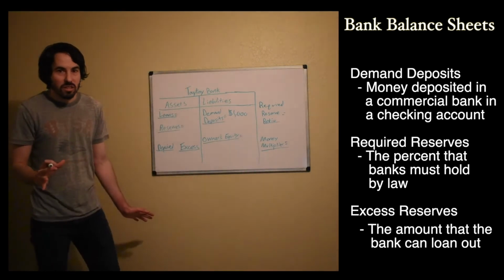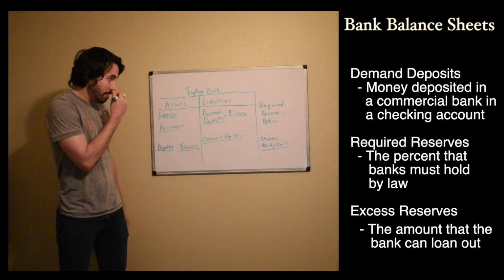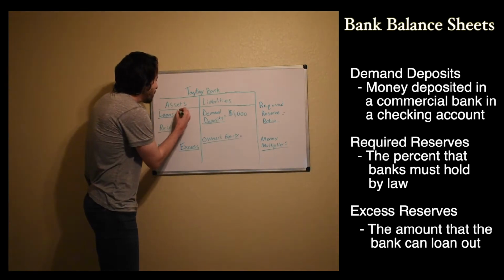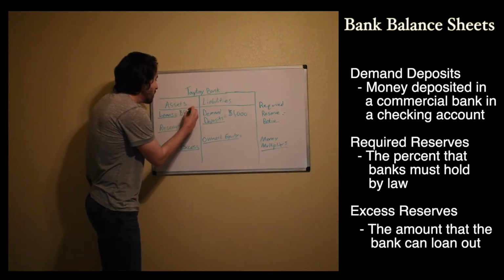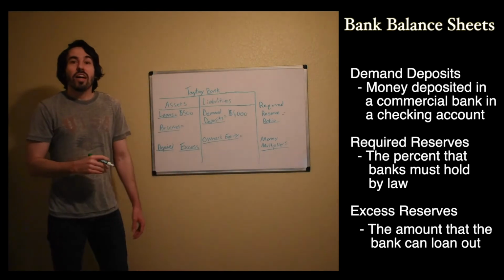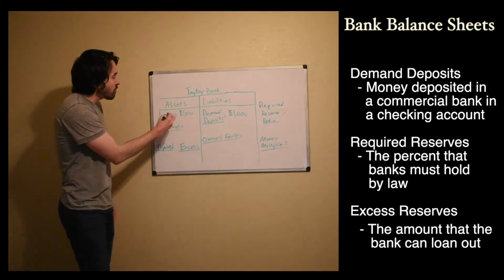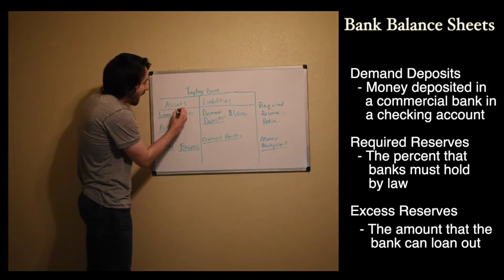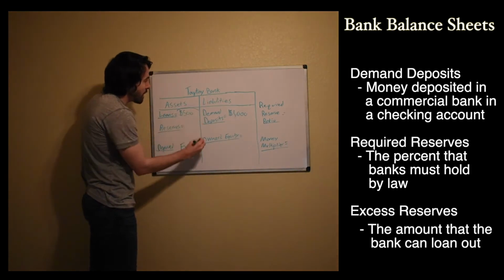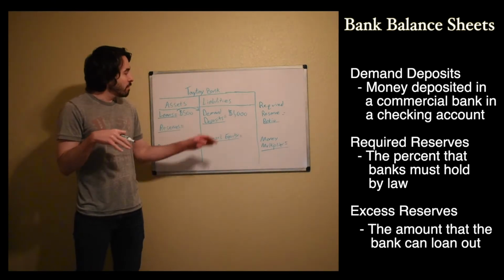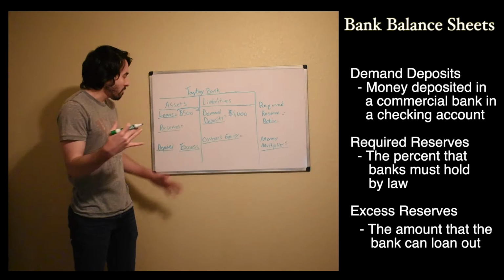Next, loans. Let's say that right now Tay Bank has $500 in loans that have been given out. That's money that I have loaned out, and it comes from this $1,000. Loans have to come from these demand deposits. The money that the bank loans out has to be coming from someone's checking account.